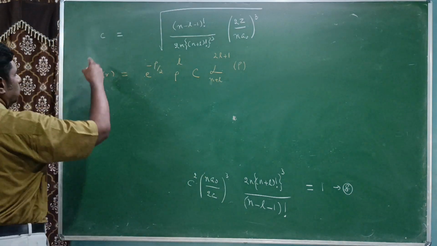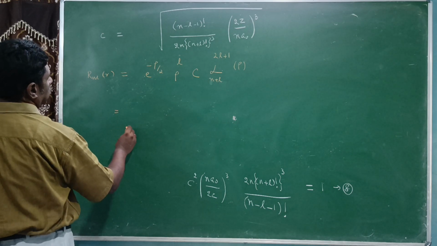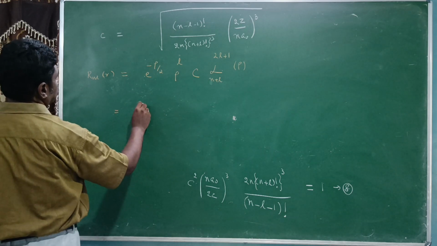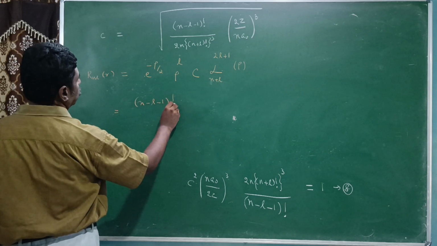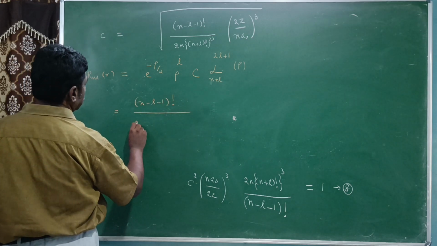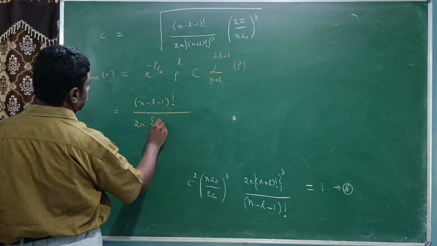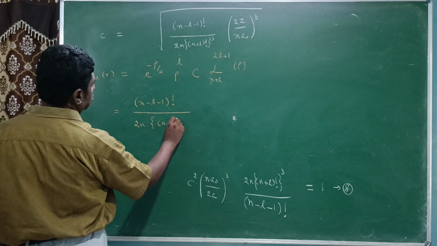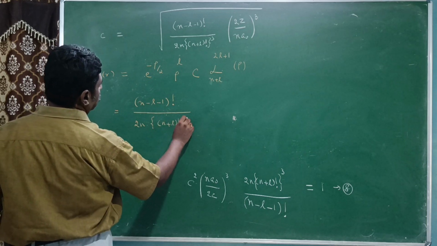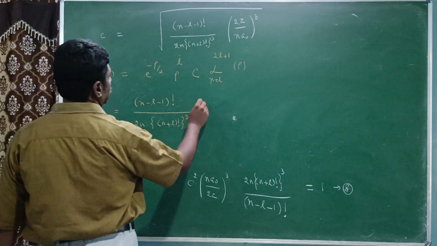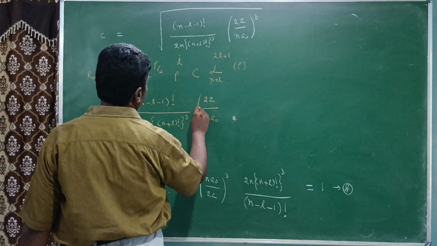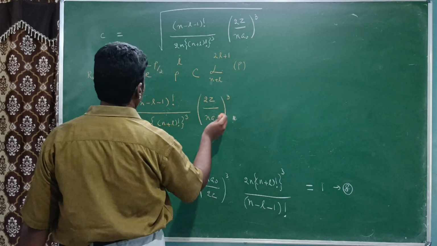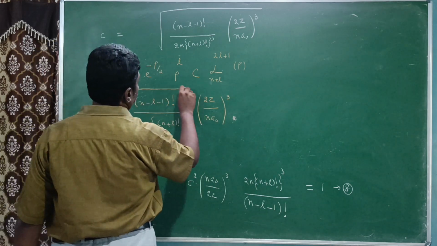Now we know the value of C. The C value is (n minus l minus 1) factorial divided by 2n into (n plus l) factorial whole cube into (2Z by n a0) cube, inside the root.